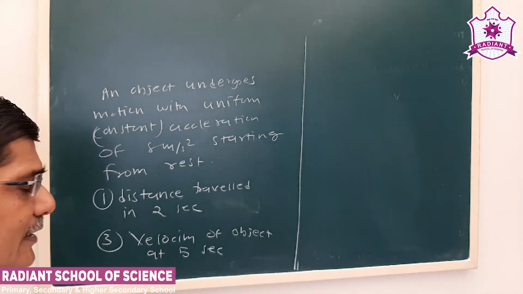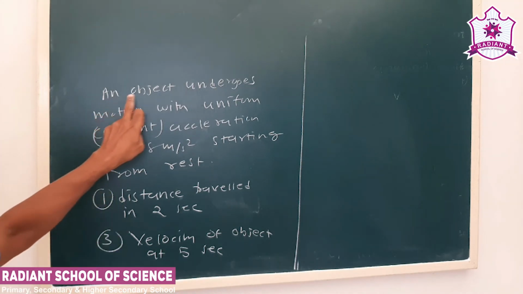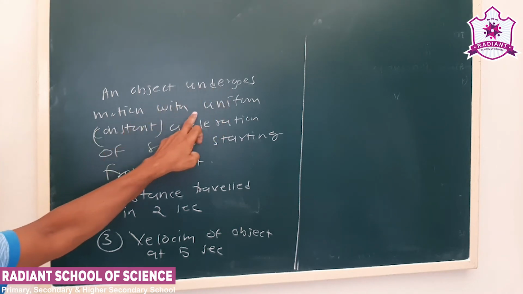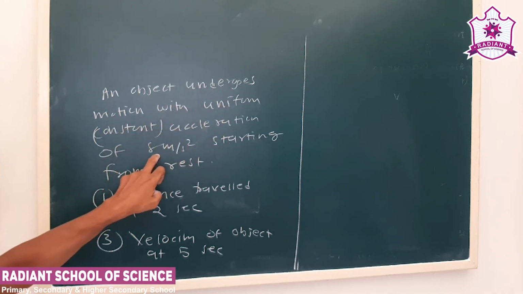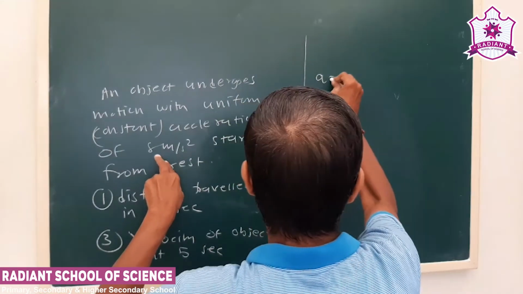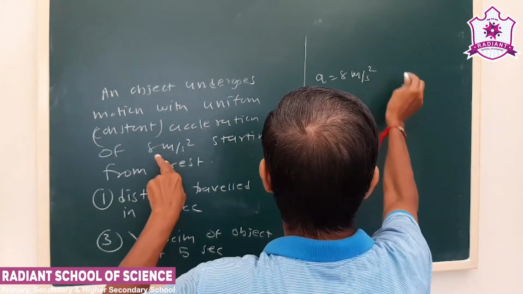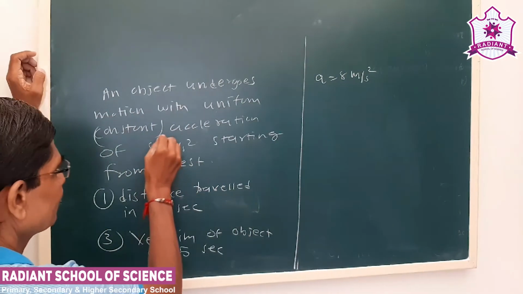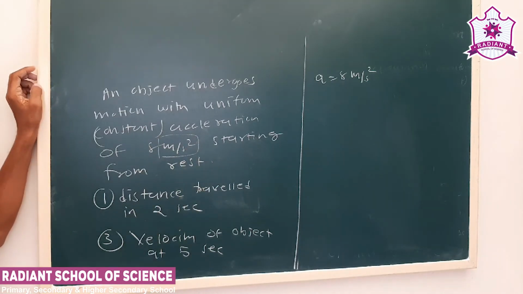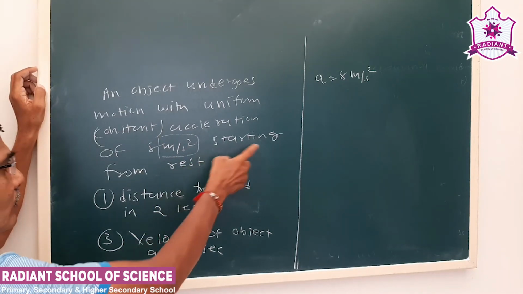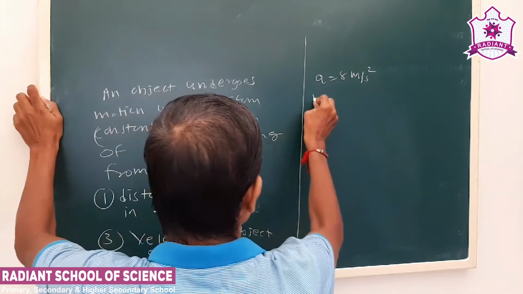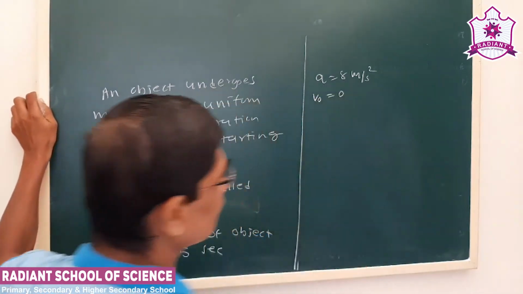What is given? An object undergoes motion with a uniform acceleration of 8 meters per second square. We have to remember that meter per second square is the unit of acceleration. Starting from rest, what is the meaning of this? The initial velocity is 0.